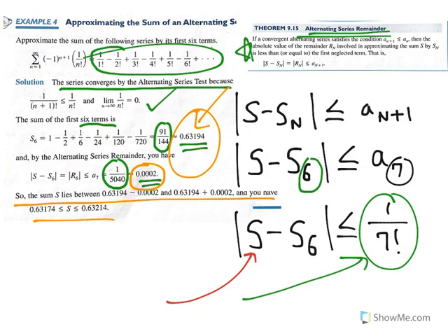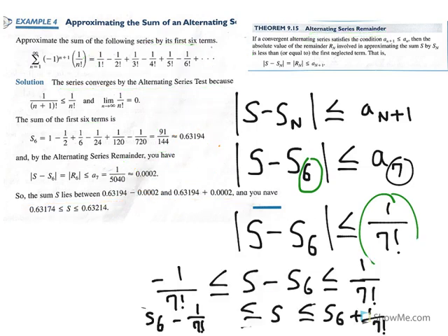Let's take a look at that. So what we have here is an absolute value inequality. We can rewrite that as a compound inequality, and then we can isolate the infinite sum by adding the sixth partial sum to each of the three parts of our compound inequality. And when we do that, the last line is what we get.